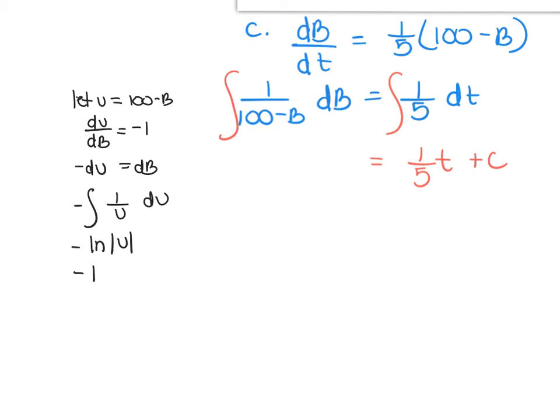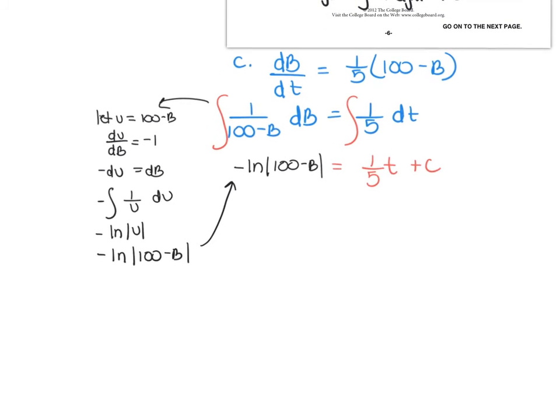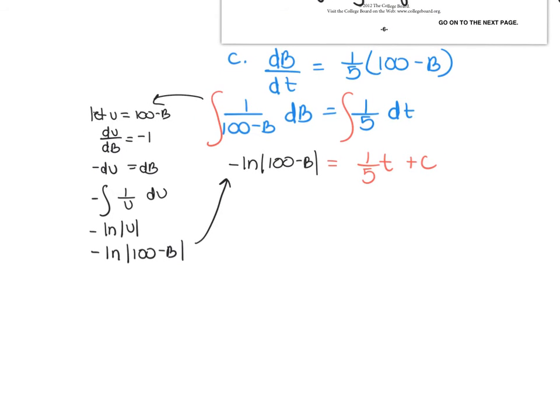And that will equal the natural log of 100 minus b. And so that's how we can get to that point. And then this whole problem resembles, with this part of it, Newton's law of cooling, when we went through this in class and you guys had some homework questions on it.